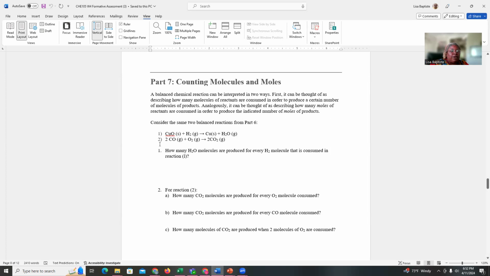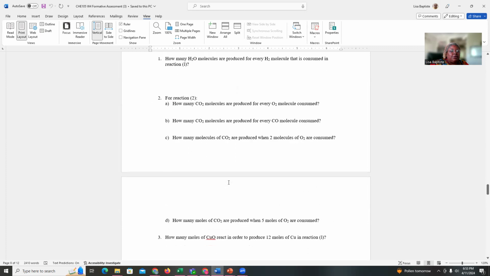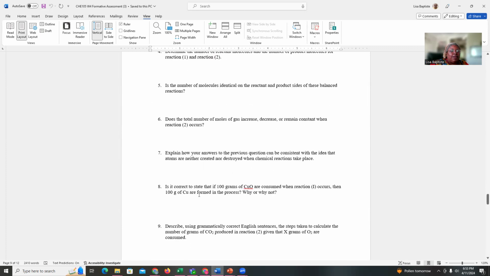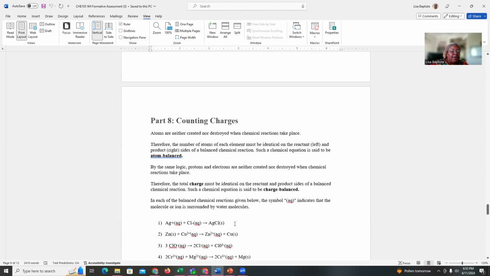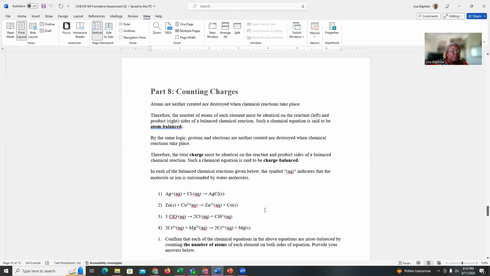And so if we're comparing grams of one substance to grams of another substance, then we have to take into consideration the atomic mass for copper and the molar mass for copper 2 oxide, CuO. And so you can't just say that their number of grams are the same because their number of moles are the same. Okay? So keep that in mind when you're answering those questions.